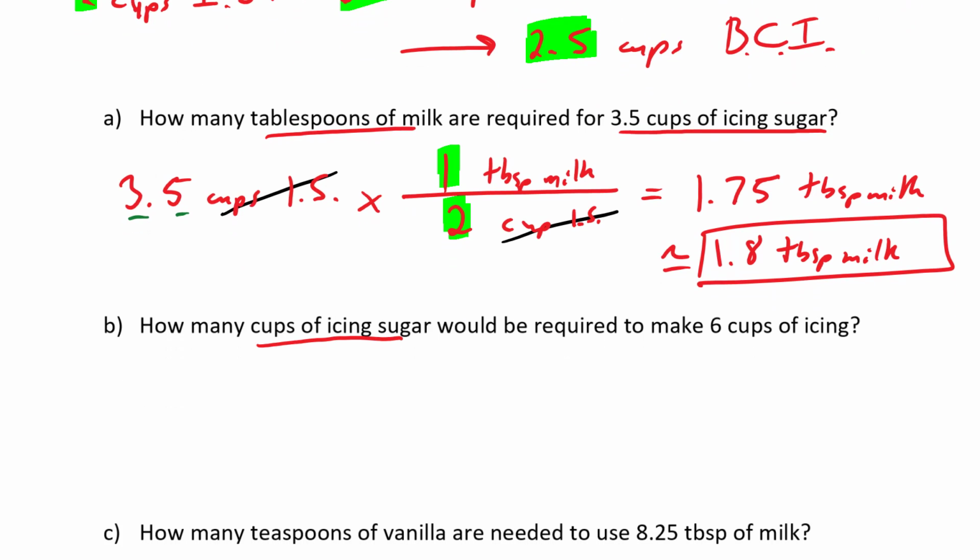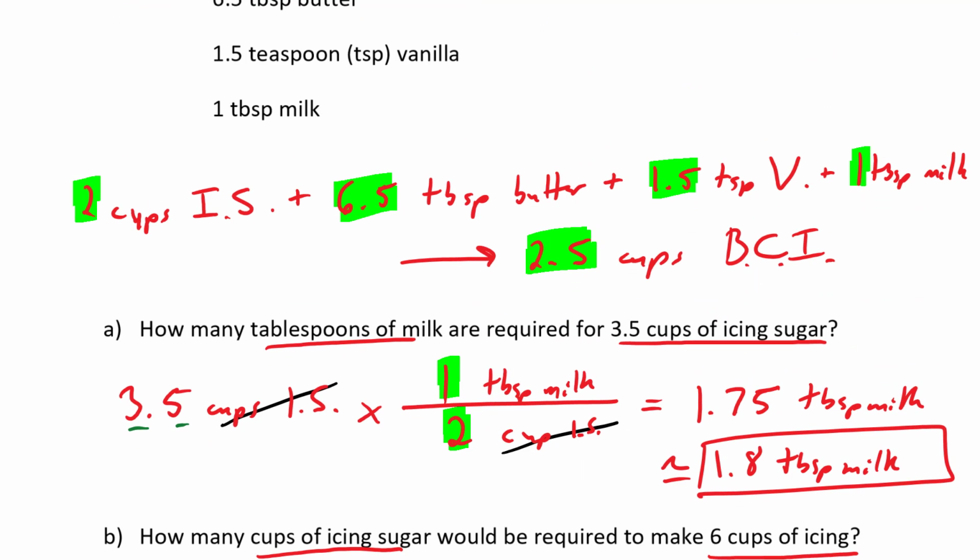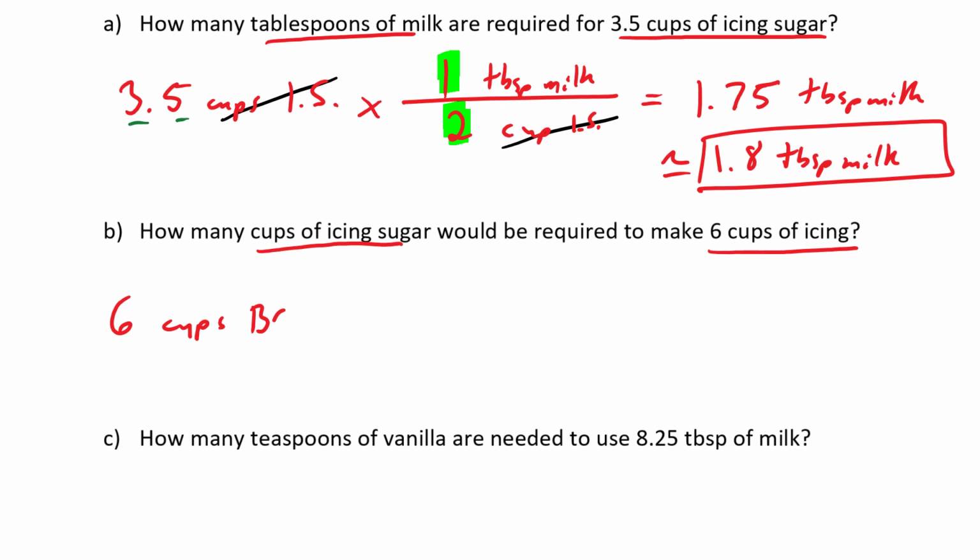How many cups of icing sugar would be required to make 6 cups of icing? So I want to go from cups of icing to icing sugar. Cups of buttercream icing to cups of icing sugar. Let's just replace this with buttercream icing to make sure we're not getting confused. Conversion factor now, going from cups of buttercream icing to cups of icing sugar.